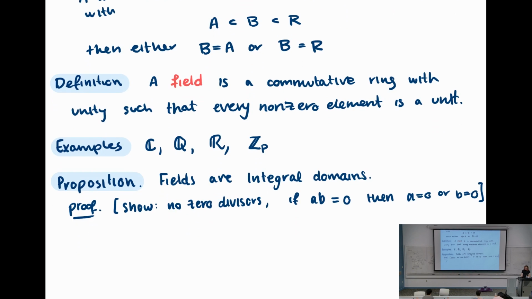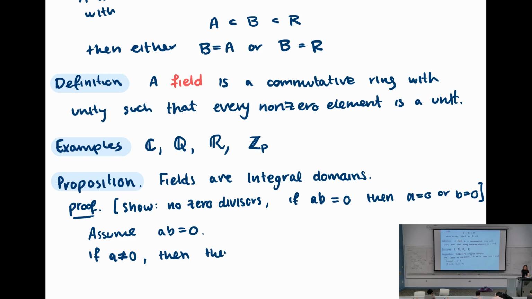So let's assume that AB is equal to 0. If A is equal to 0, then we're done. If A is not equal to 0, then since we're in a field, it has a multiplicative inverse.